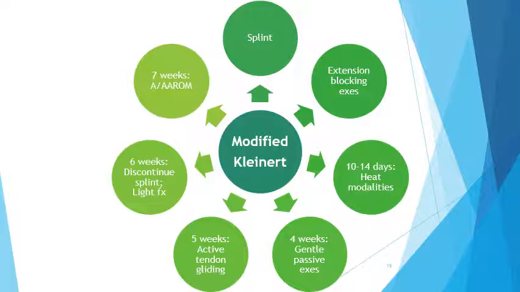At 6 weeks, this orthosis is discontinued. The client can start with light function, and the tendon gliding exercises can be continued. From week 6 onwards, active assisted ROM can be started at 7 weeks, and then also gentle resistance can be applied.